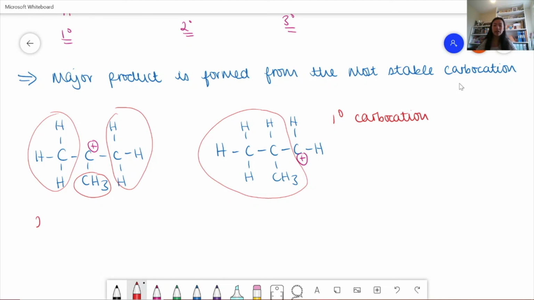And so that means that the major product will be formed from the tertiary carbocation. And the major product is this 2-methyl 2-bromopropane.